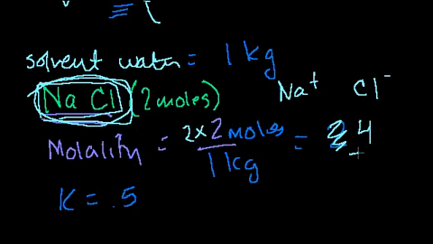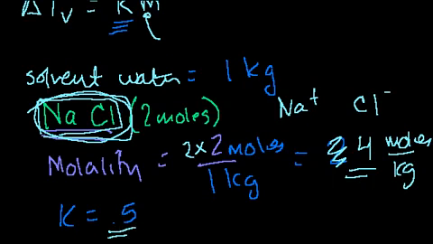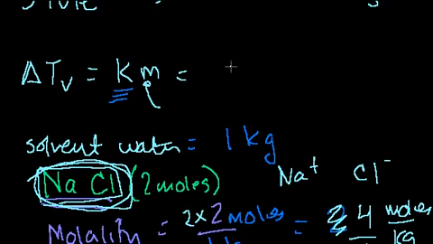So given that the molality is 4 moles, 2 moles of sodium, 2 moles of chloride per kilogram, I just use that constant that I just got from Purdue, and the change in temperature is equal to that constant, 0.5 times 4, which is equal to 2 degrees. So my boiling point will be elevated by 2 degrees.